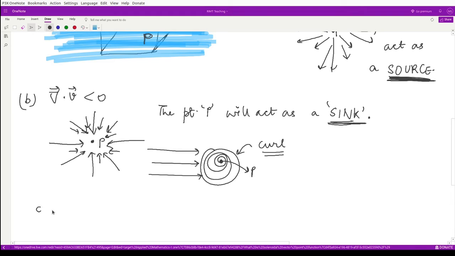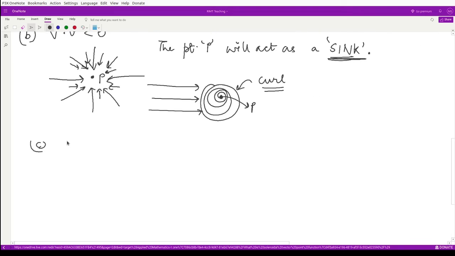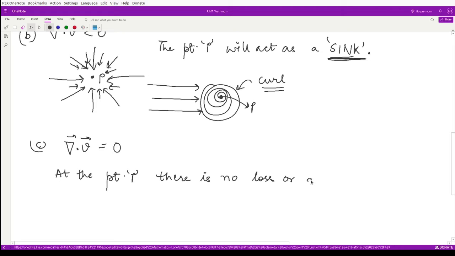And we have a third condition which describes no movement at all at the point P. So suppose the divergence of this vector V is exactly equal to 0. So that means we can say at the point P there is no loss or gain of fluid anywhere.